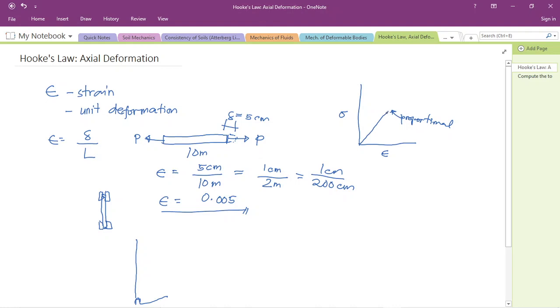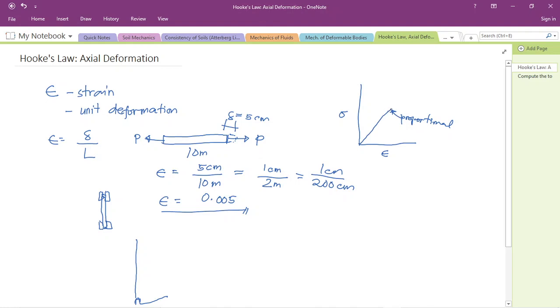Kasi, dito class, kapag na-reach niya tong stress na to dito sa point na ito, habang sinasubject sa tensile test, nag-plot din yan dito simultaneously. Marireach niya yung proportional limit, kapag nirelease mo yung force dun sa steel, although nagkaroon na siya ng deformation, babalik pa rin siya sa original shape.